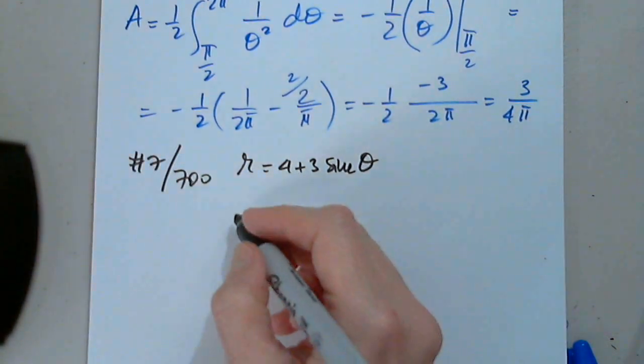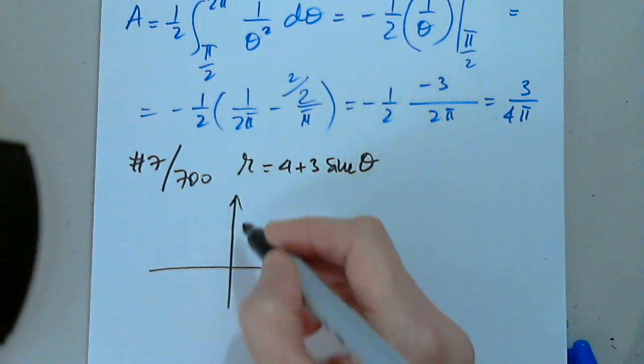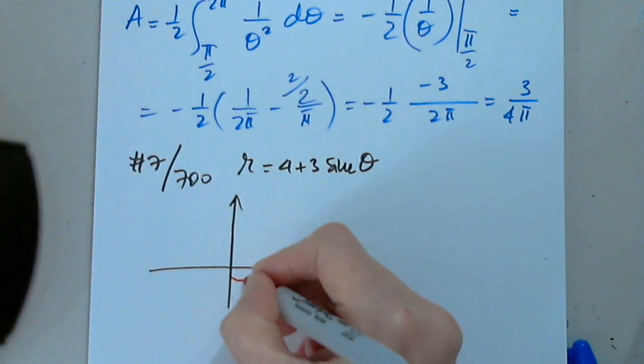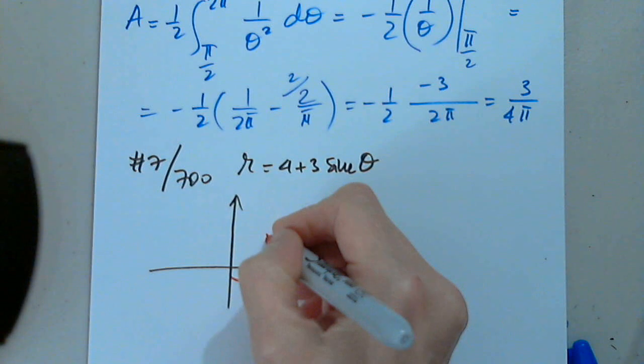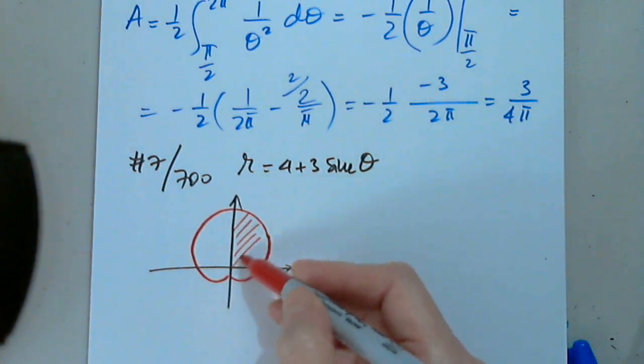And they're giving us the following graph of this curve. So it looks something like this. And the shaded area is right here.